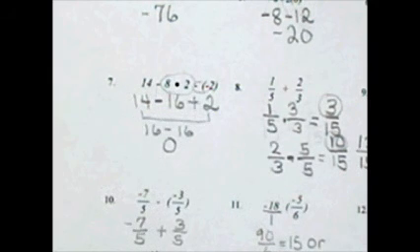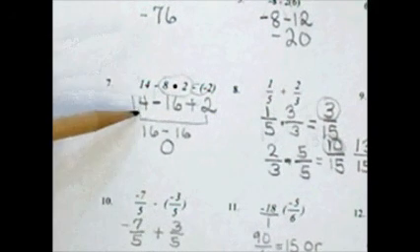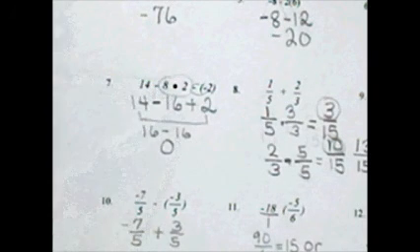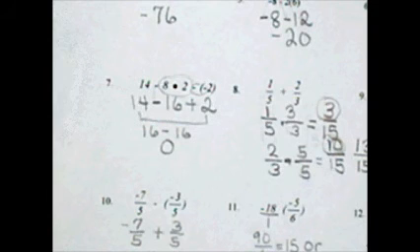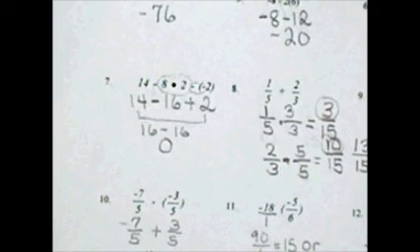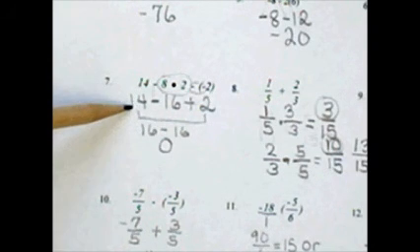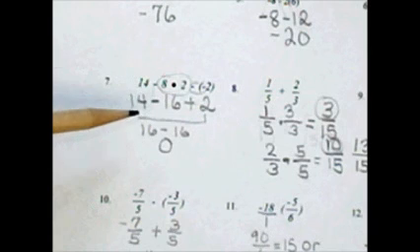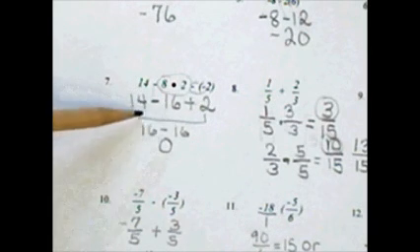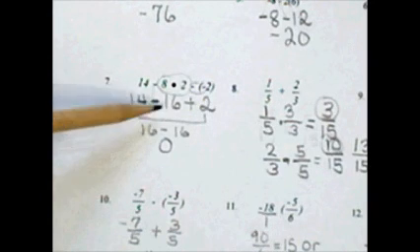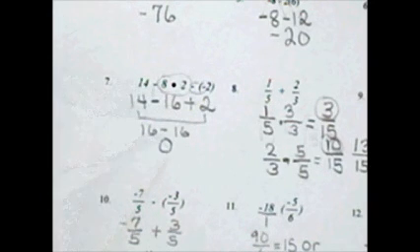So once I get to that, I could have done 14 minus 16 is -2, and -2 plus 2 is 0. But remember, I can group any way I want to. So I look at this and say, well, 14 and 2 give me 16. So if I group those two together, then 16 minus 16 is 0. So that's much quicker.